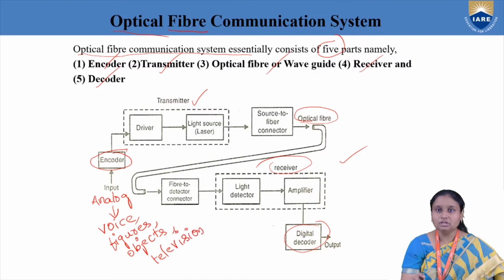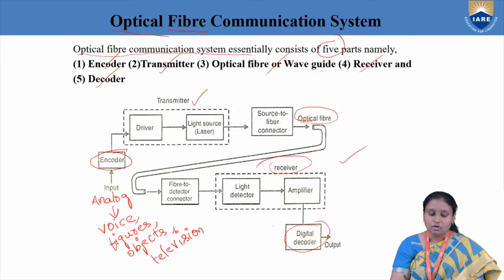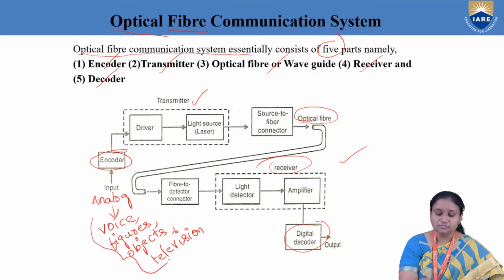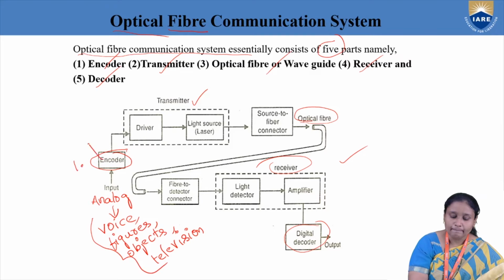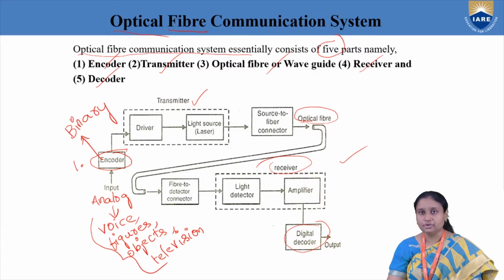When you take all this analog information, the encoder will convert it into binary data. What do you mean by binary data? 0 and 1 pulses.